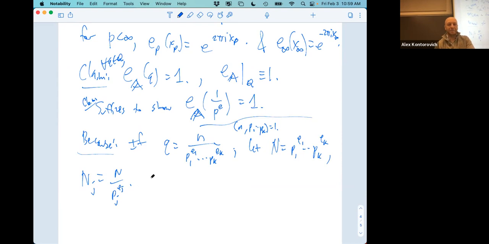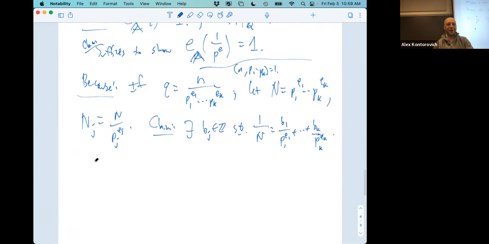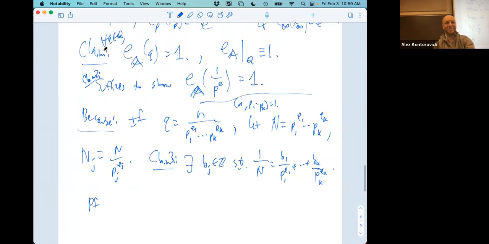I claim, now we have 3 nested claims, that there exist integers b_j such that 1 over n can be written as b1 over p1 to the e1 plus through bk over pk to the ek. Why is that? Okay, proof of claim 3, which is inside claim 2, which is inside claim 1.